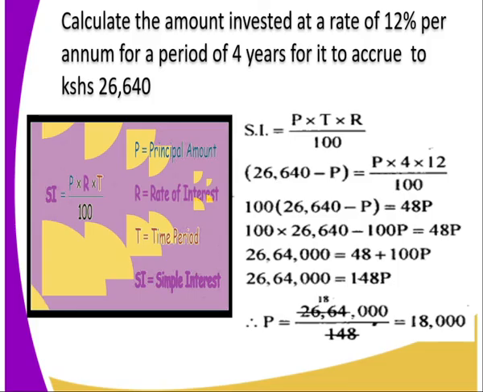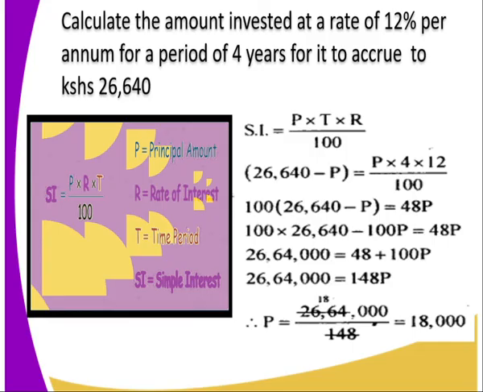Calculate the amount invested at a rate of 12% per annum for a period of 4 years for it to accrue to 26,640. Using the formula, the interest is principal times rate times time divided by 100. My total amount is 26,640. So 26,640 minus p is equal to the principal times 4 times 12 divided by 100. So we solve the equation.